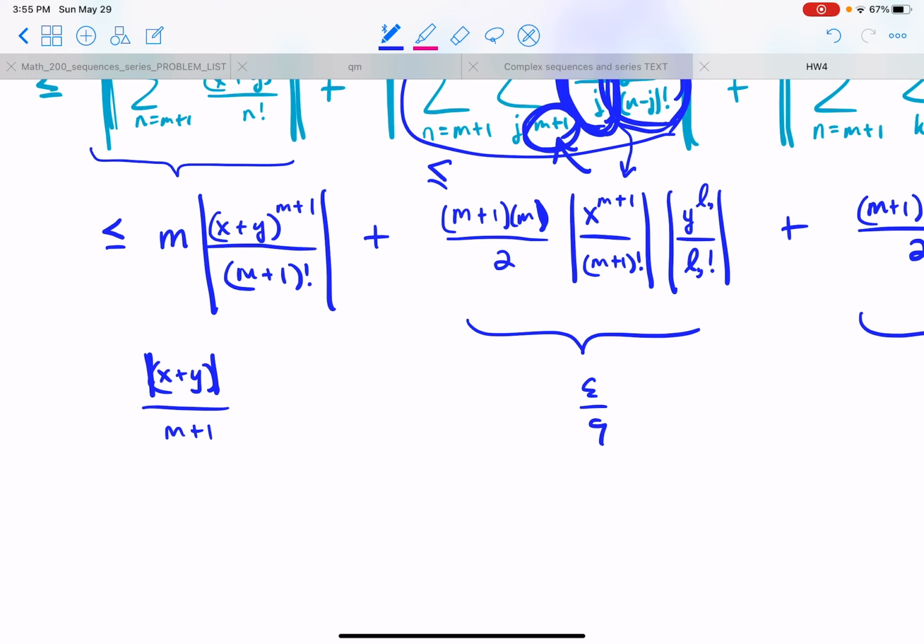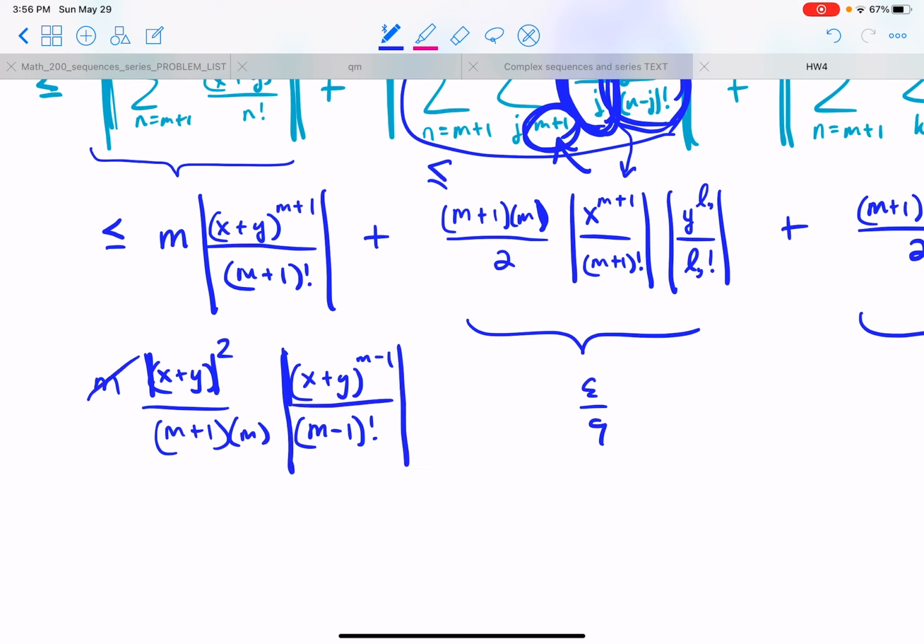Yeah. And then the m cancels that m. Oh, so maybe I need squared. This m would cancel this m, leaving an m minus 1 factorial, x plus y to the m minus 1, absolute value. And so this cancels, and now we can choose this.